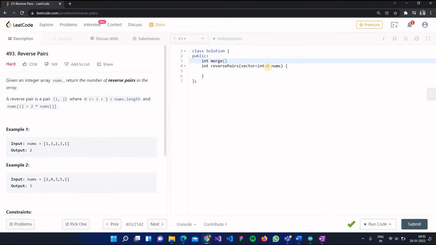So we will have one merge sort function, okay? I will have 2 indexes, I and J, that basically mark the starting and ending, as I was telling you, low and high or left and right, of every section that we're going to pass into this function, okay?